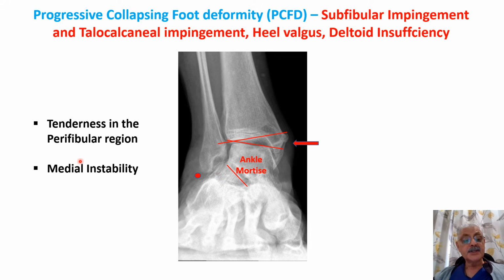The medial instability due to combined deltoid and spring ligament insufficiency can be tested by testing the deltoid ligament and spring ligament, which I have already discussed, and the medial instability at the level of the ankle can be reflected by a valgus deformity seen in the ankle mortise in the normal AP or mortise view.